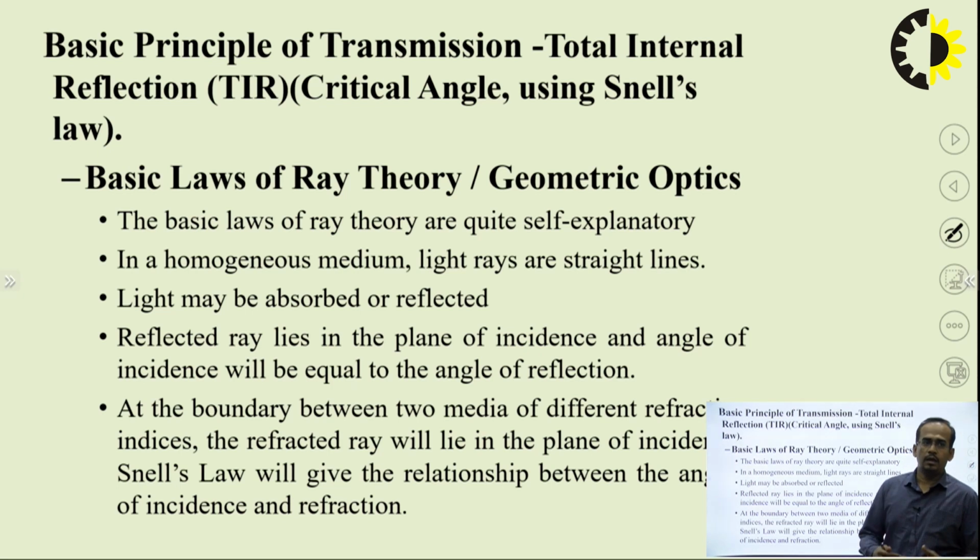The basic laws of ray theory are quite self-explanatory. In a homogeneous medium, light rays are straight lines. If you are passing light through a medium having the same refractive index, then there will be no deviation in the incident light.